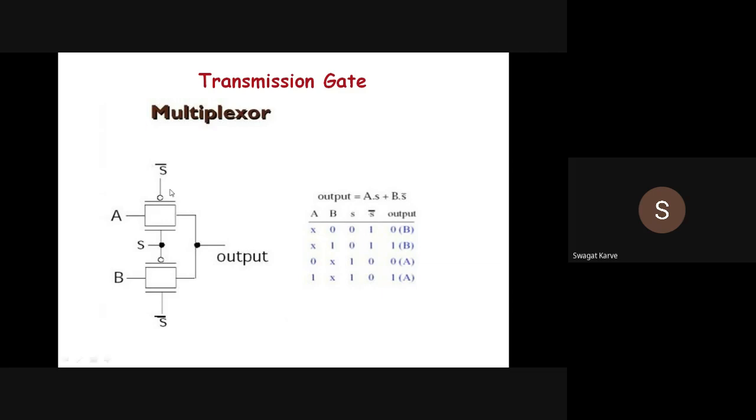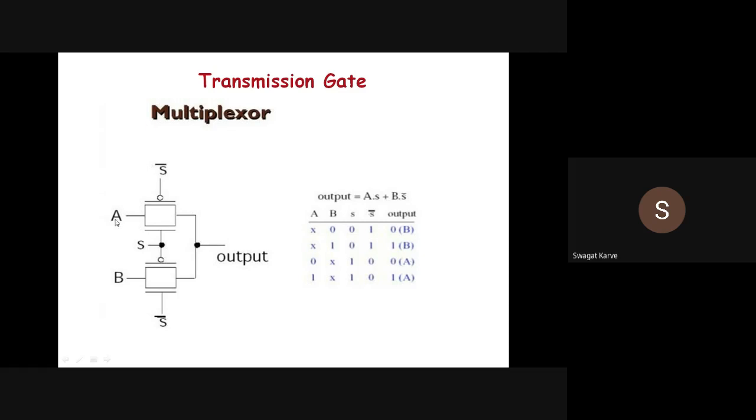Of course, a PMOS. Then again check for the combinations of this S. What you apply at S, and what you apply at this S bar, accordingly you can get the outputs.